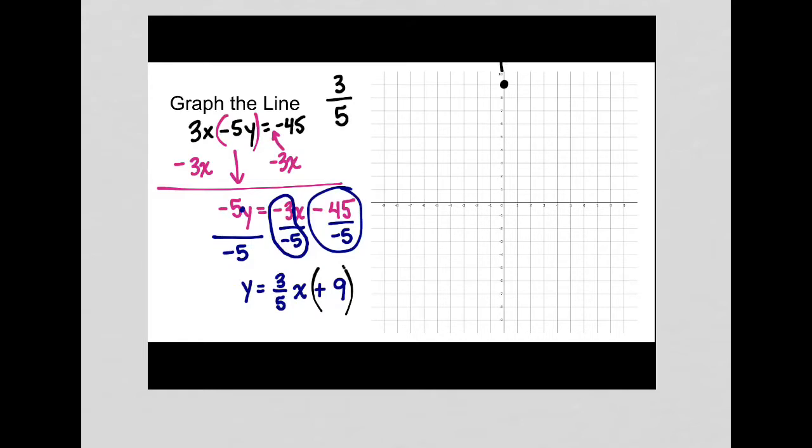So from there, I've run out of space on my graph. So instead, I could go down 3, left 5. Down 3, left 5. And then, of course, I've run out of space anyways because it's kind of a big number. But remember, you can always do the exact opposite with both of those.